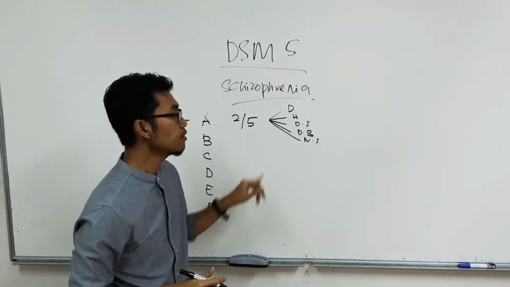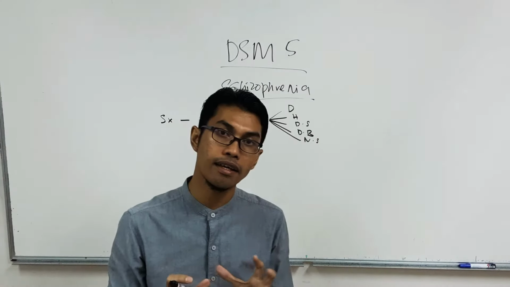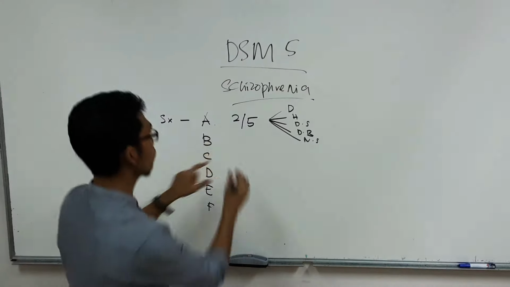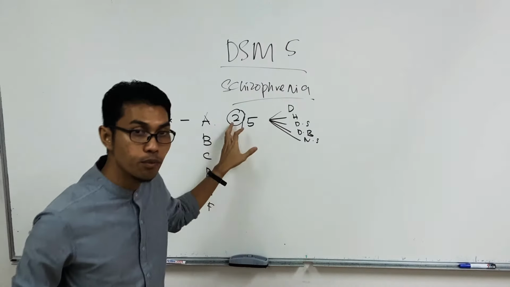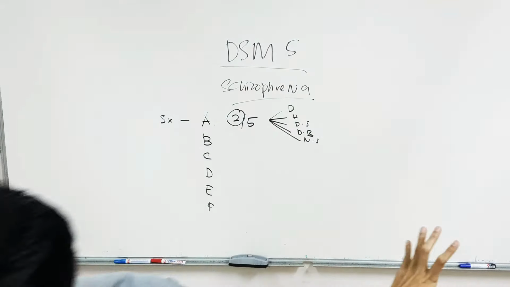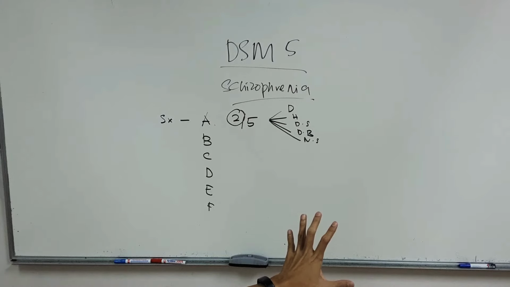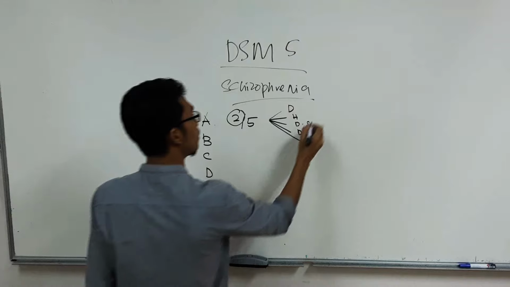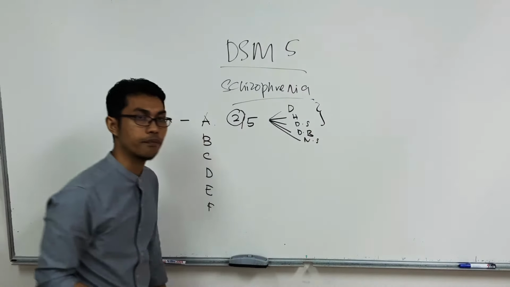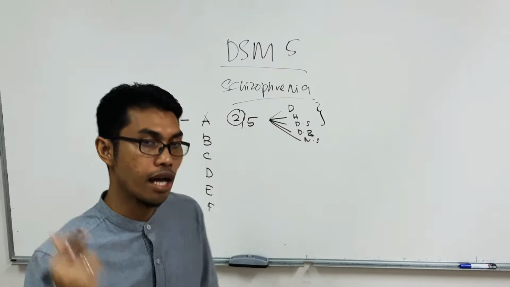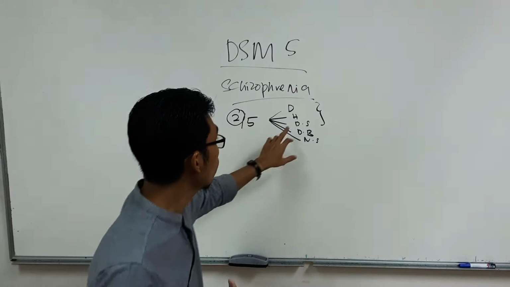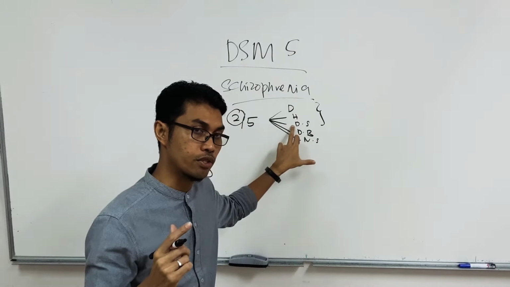It also states there that you need to be careful when choosing these 2, because at least one of them needs to come from the first 3. It has to be either delusion, hallucination, or disorganized speech.